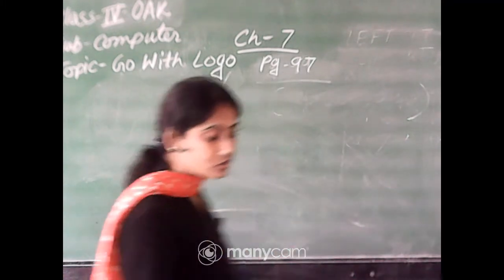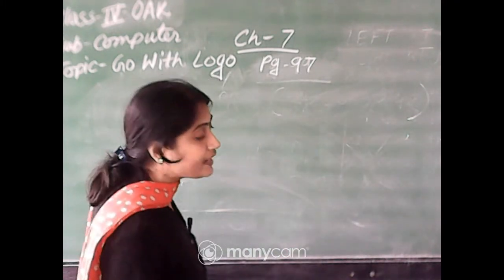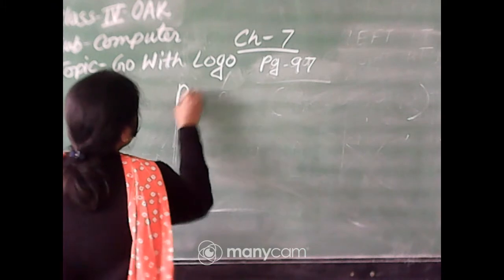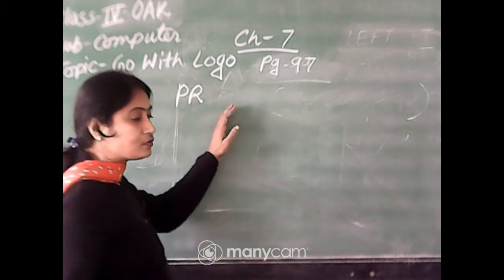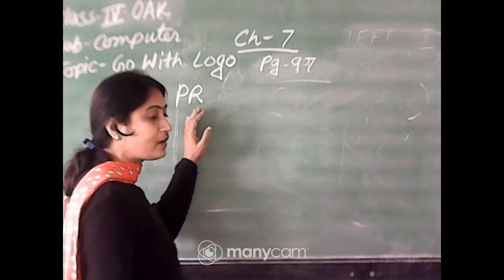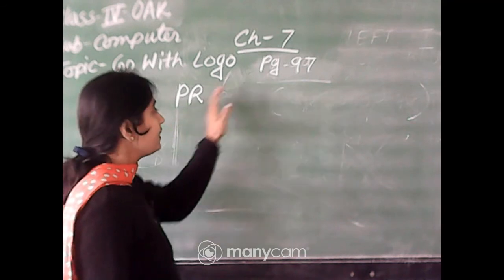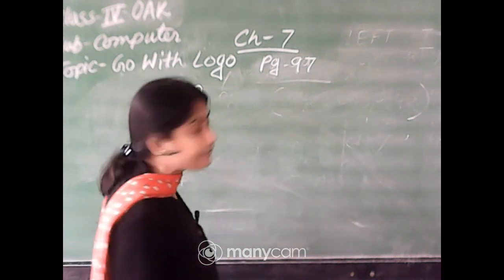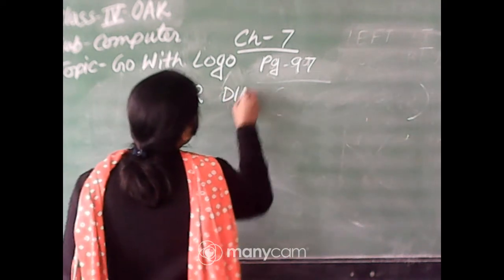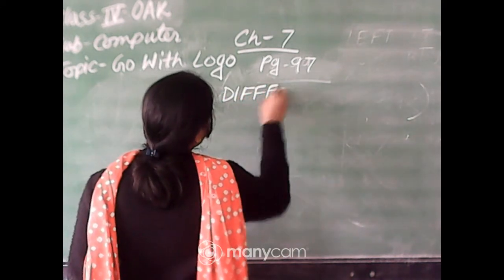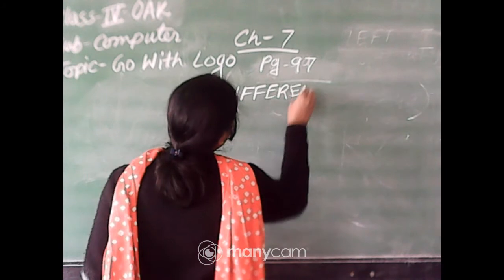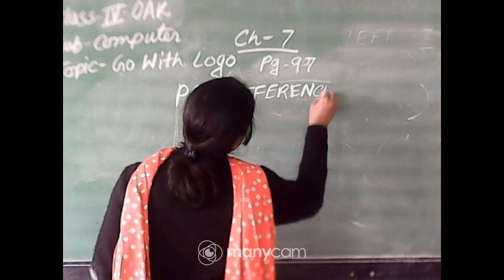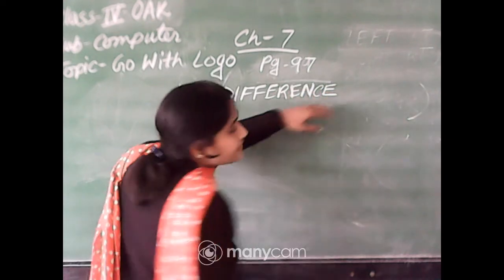Here also you have to apply the print command. PR. To print the output, we always have to write a print command. PR, then give a space, and then difference, D-I-F-F-E-R-E-N-C-E. This is a function.